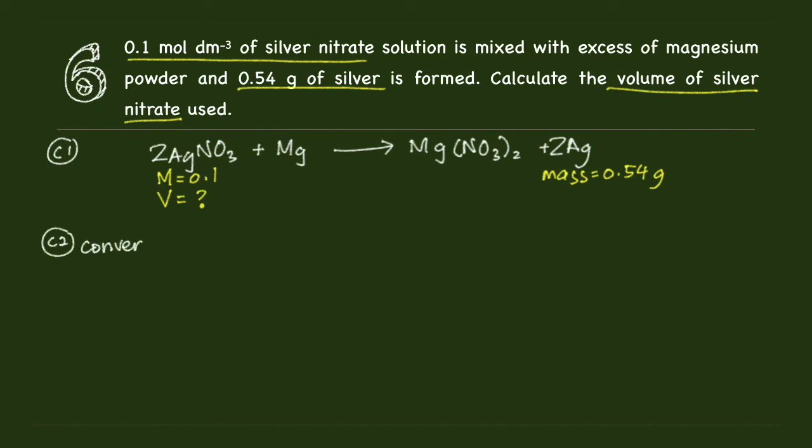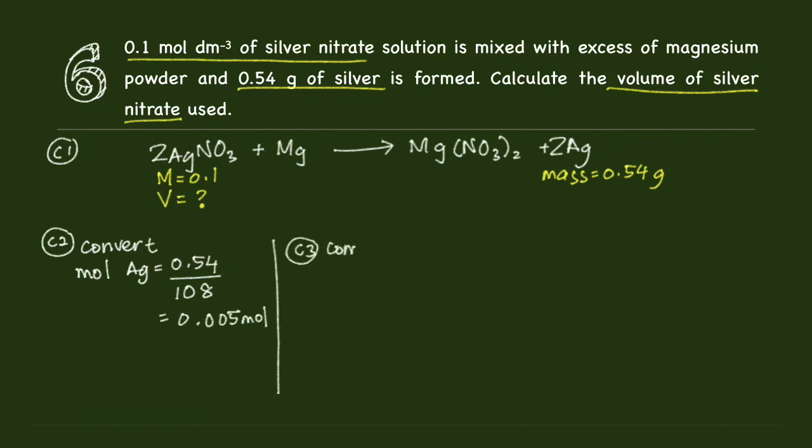C2 convert. Mole of silver is 0.54 grams over molar mass, which is 108, equal to 0.005 mole. Next step is C3 compare. Based on balanced chemical equation, 2 mole of silver ratio to 2 mole of silver nitrate.